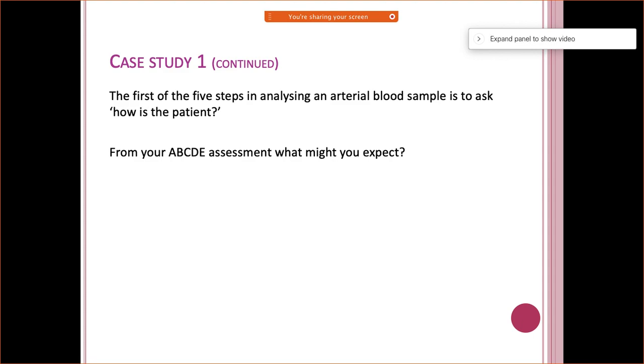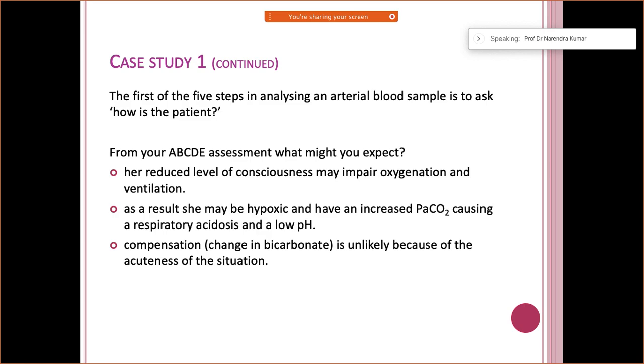So the first of the five steps in ABG is, as we already said, how is the patient? You have to do the ABCDE examination, the assessment, for the patient. We already spoke about the ABCDE examination.